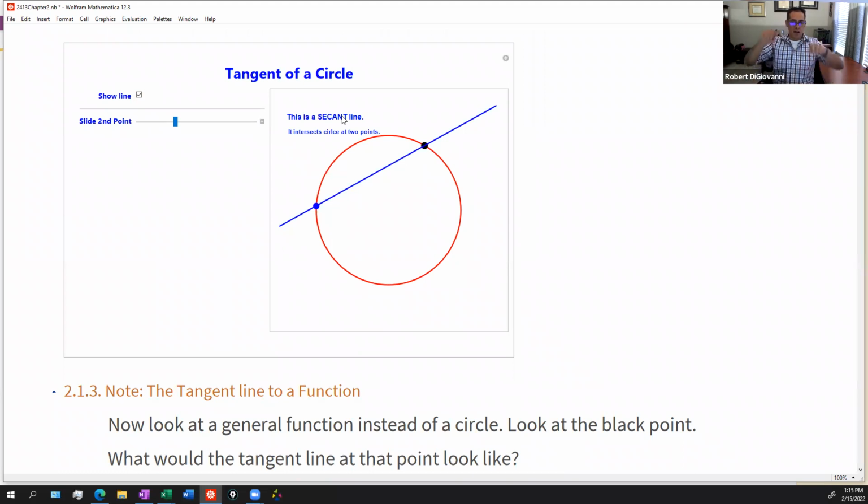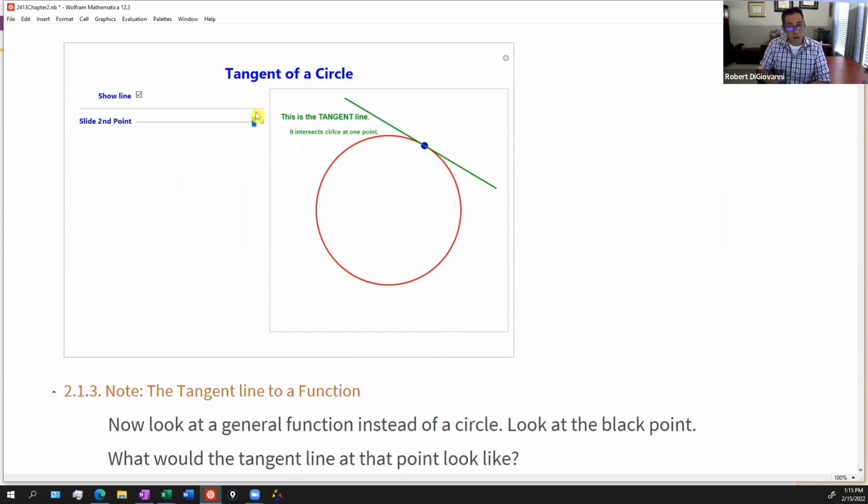A circle is a curve, and if you take two points on that curve and connect them with a straight line, you get a secant line. It intersects the circle in two distinct points. Now, the tangent line is what you get when you move one of the points around and bring it right on top of the other one.